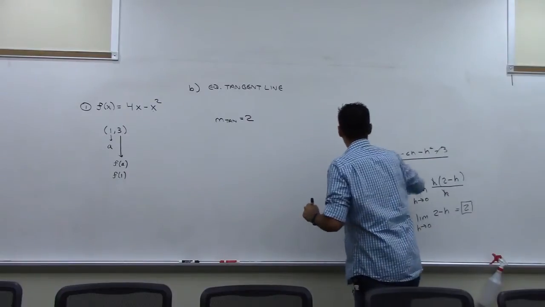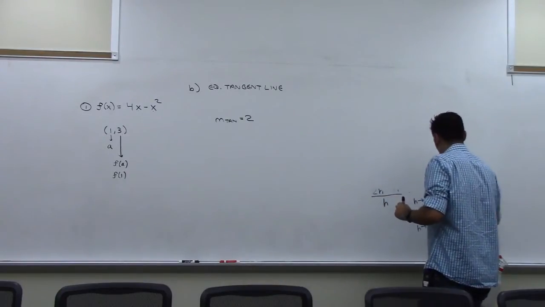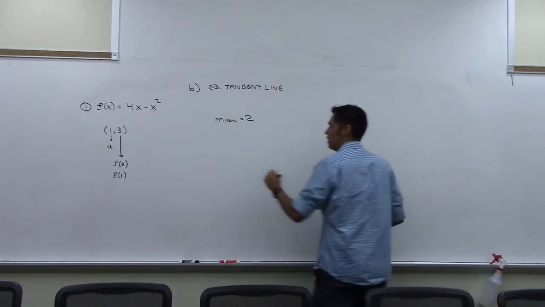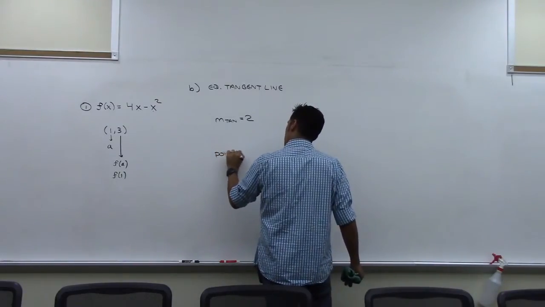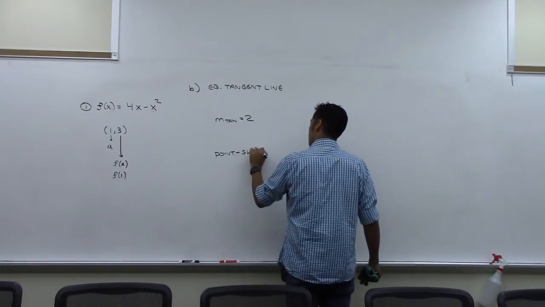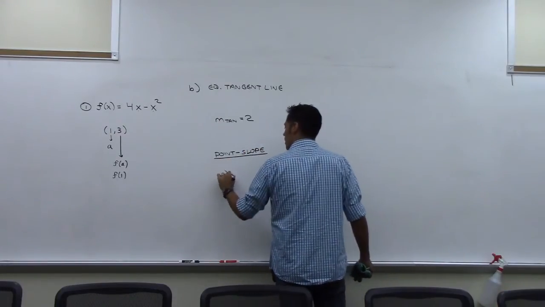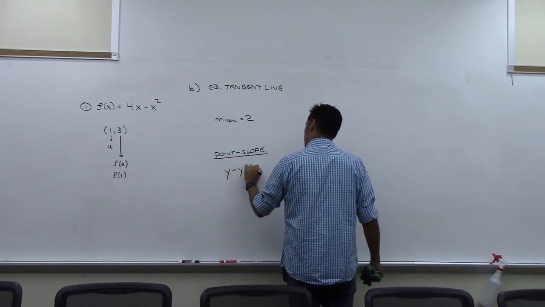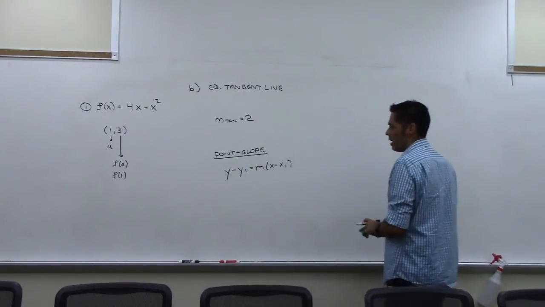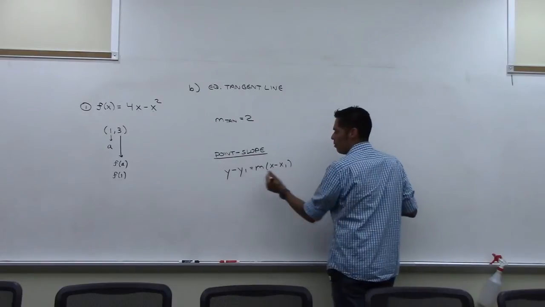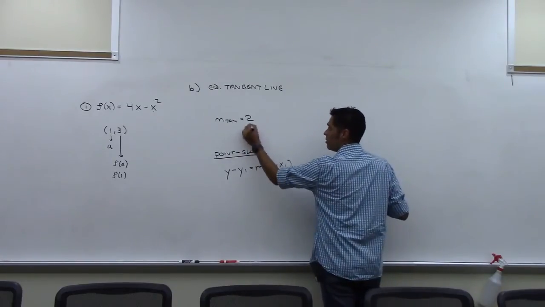So remembering back from college algebra that if you have a point and the slope of a line, it's called the point slope formula, we can use this, y minus y1 equals m times x minus x1, to find the equation of the line through that point with this slope. We know the slope of our line is 2.